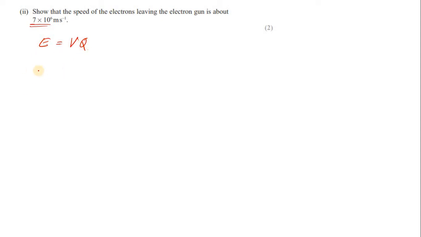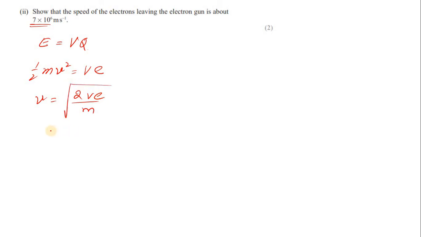In this case, energy is half mv squared, which is equal to V into E, where E is the electron charge. Now you can make v the subject. So v is equal to the square root of 2VE upon m.